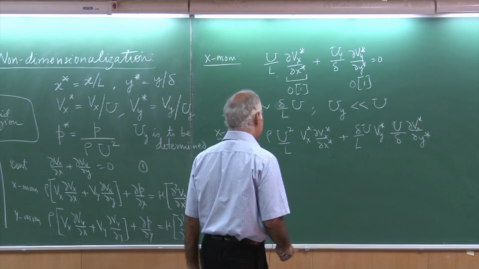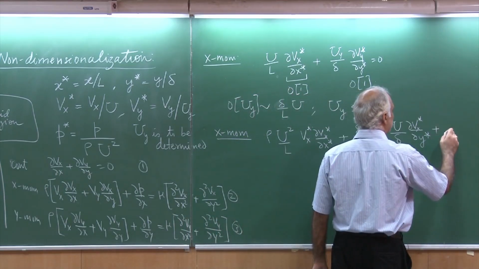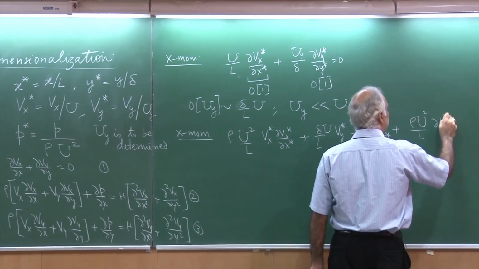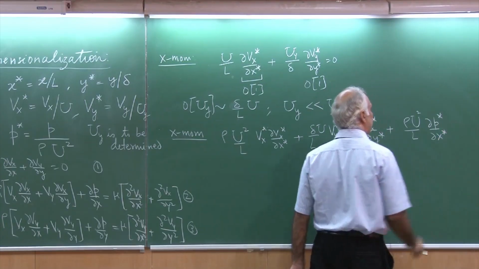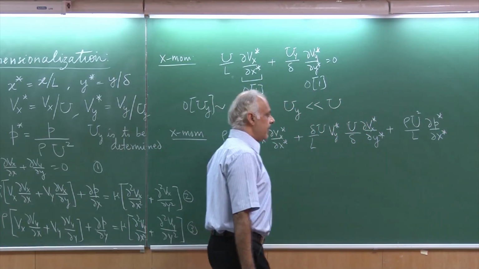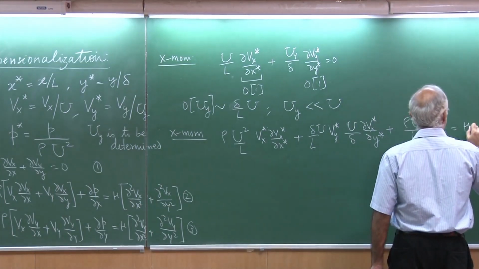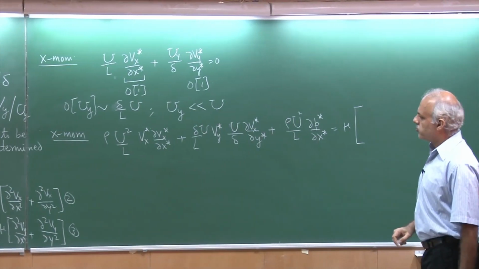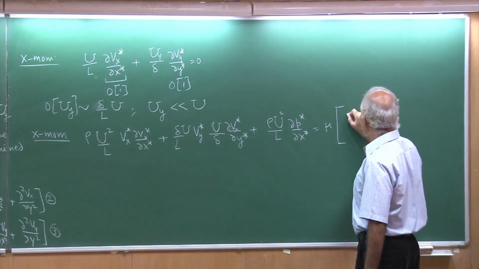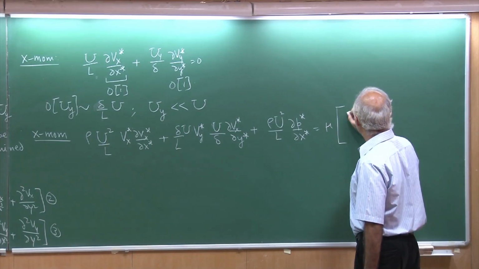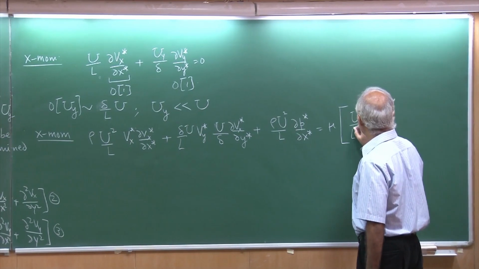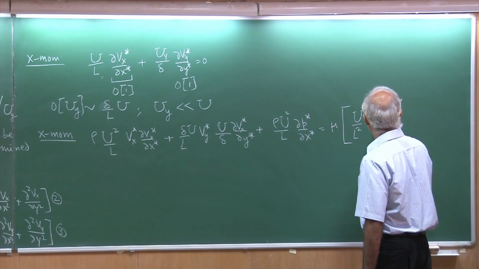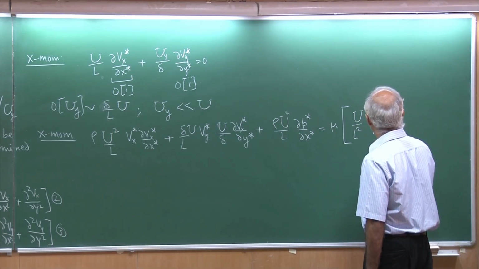And now I am going to write down my pressure gradient term. So that would be rho u square by L del P star by del x star. And now I come down to my viscous terms. Okay. So the first viscous term is I get a u by L square, and that would be del square Vx star by del x star square.